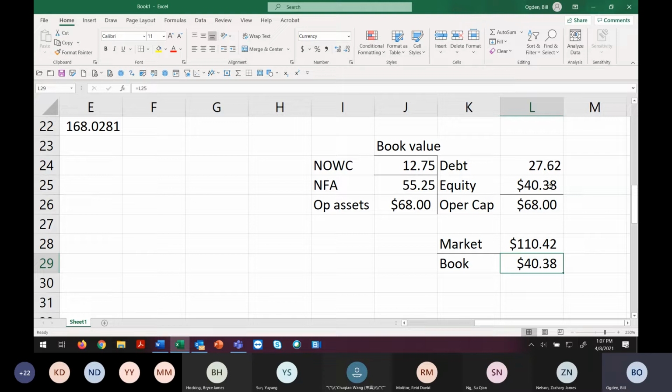And if they were to sell their ownership in this company, well, this is what they put in. What's it worth? It's actually worth and being traded actively for $110.42, or at least an estimate of what it should trade for. So in other words, let's do the full market to book ratio.